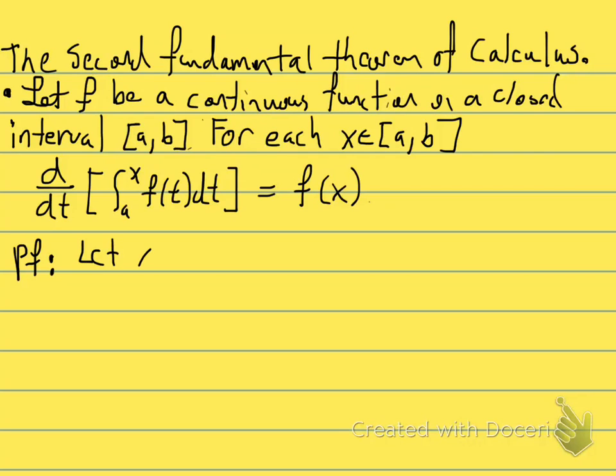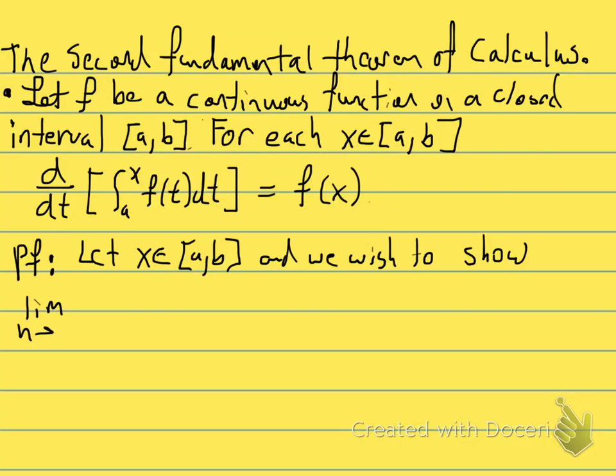We're going to let x be an element of this closed interval [a, b]. What we want to show is that this is differentiable. So we can say that F of x plus h is the integral from a to x plus h of f of t dt.